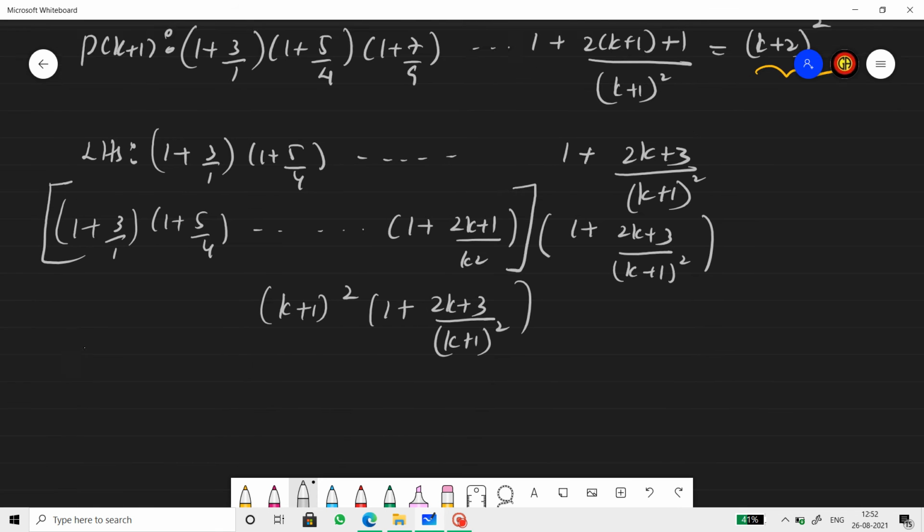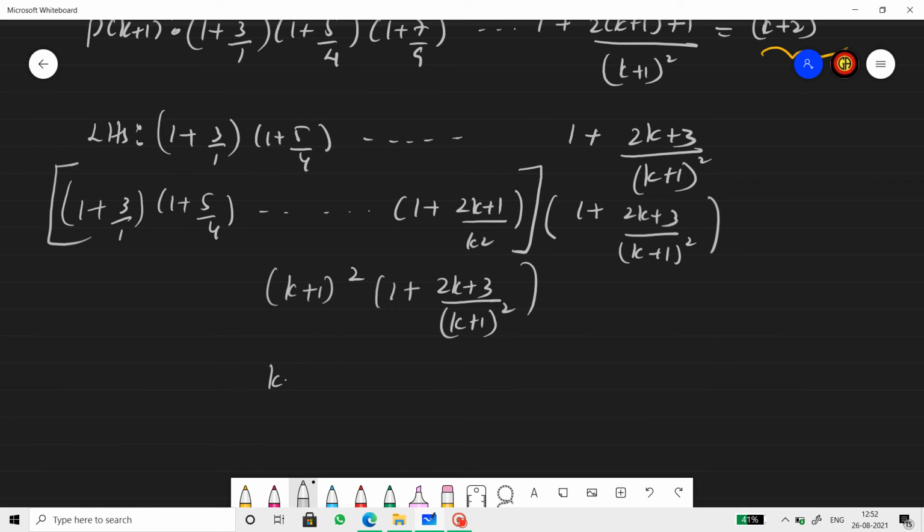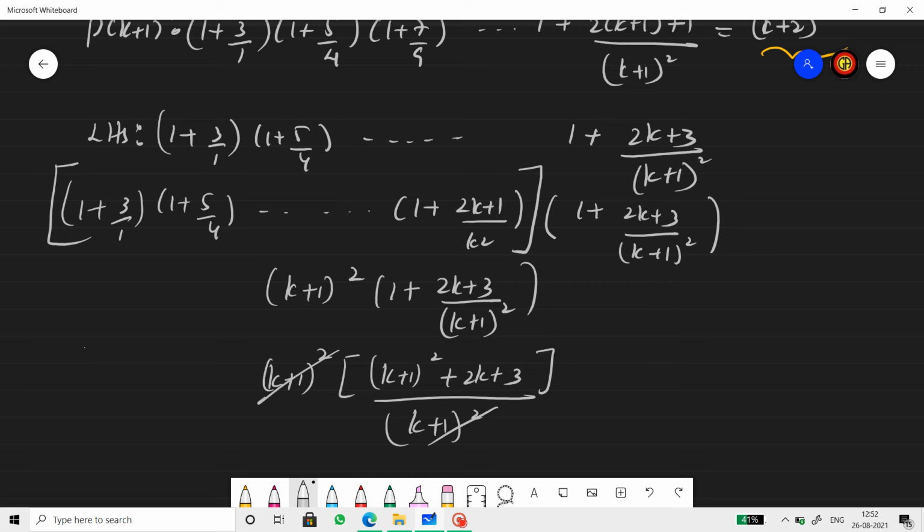Right, let's simplify this. K plus 1 the whole square into k plus 1 the whole square plus 2k plus 3 by k plus 1 the whole square. This will get cancelled. So we get k square plus 2k plus 1 plus 2k plus 3.